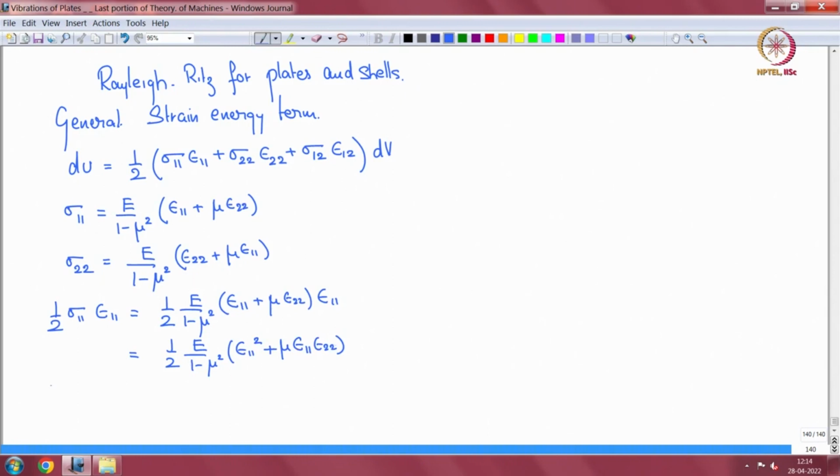Similarly, half sigma 22 epsilon 22 is 1/2 E by 1 minus mu squared into epsilon 22 squared plus mu epsilon 11 epsilon 22.